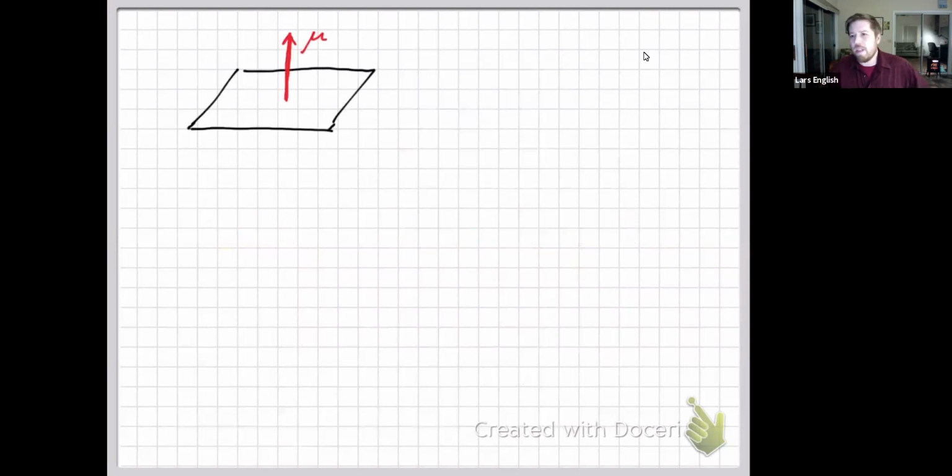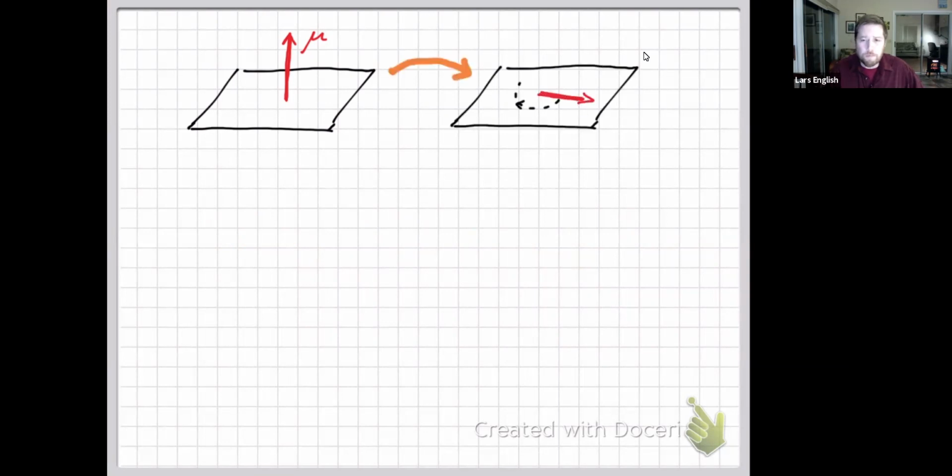So here again is this process in sort of a cartoon picture. Initially, we have every single mu pointing along the strong magnetic field axis, B naught, the z-axis. Then we come in with a pi/2 pulse.